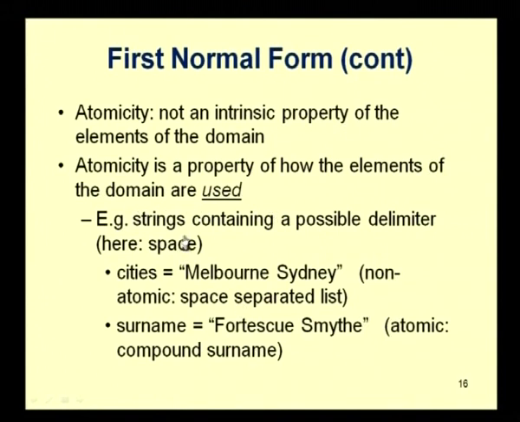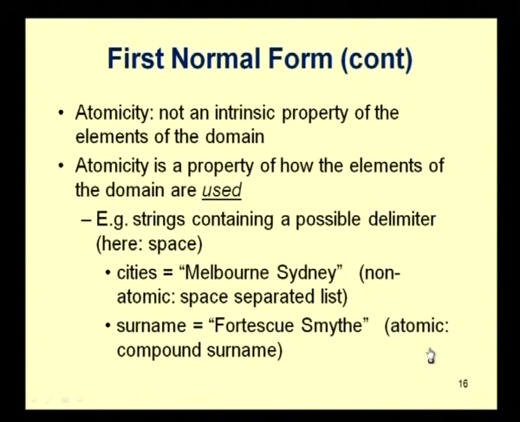Example, strings containing a possible delimiter, here space. Cities, Melbourne city, is non-atomic because the space separates the list Melbourne and Sydney. Now, the surname Fortescue Smith is actually atomic, though it has a blank, because it is never going to be used separately; it is going to be used as an entire string.